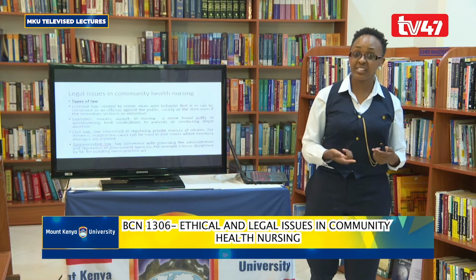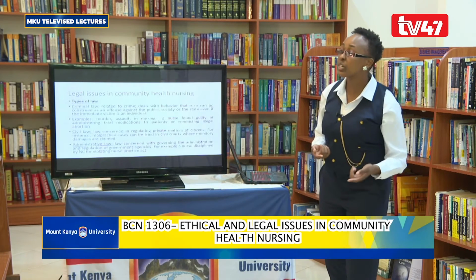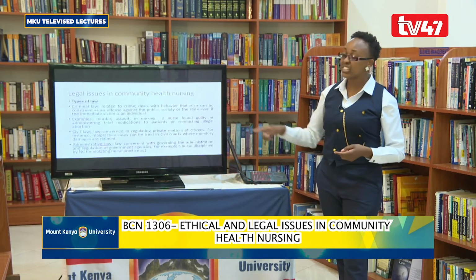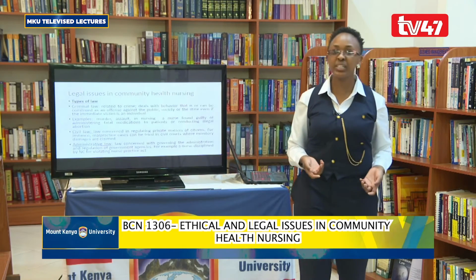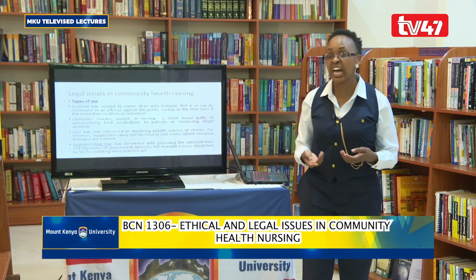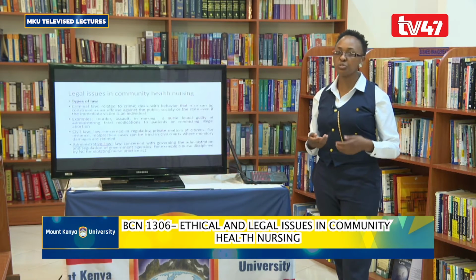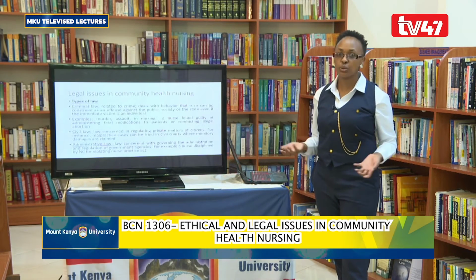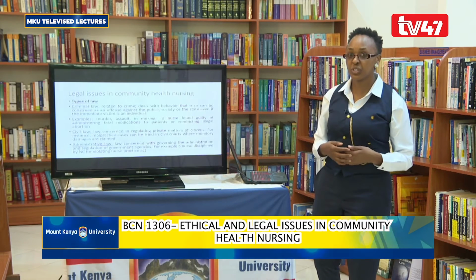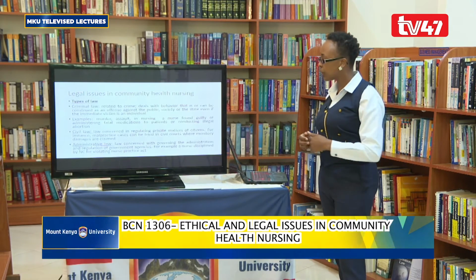And you can be judged in a criminal court where you will be judged as having done an atrocious act, and it will be a felony because you're not supposed to give an overdose. Even if you're helping the patient, you're supposed to follow the prescription order.